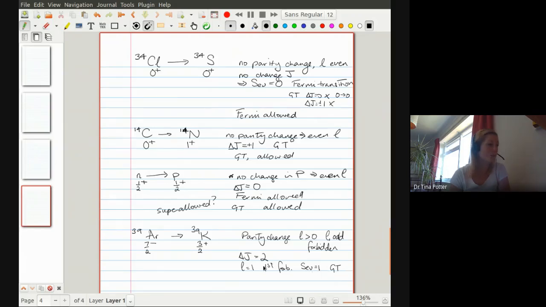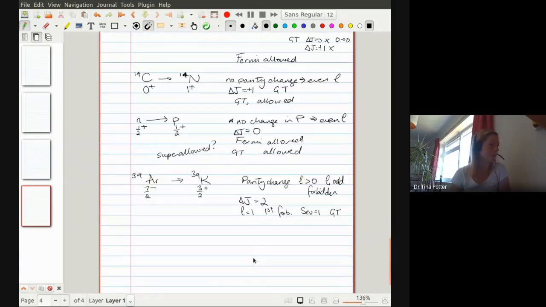And that would give us the delta J of 2 if these two essentially add up to 1. We can't have Fermi transitions because the spin of the electron neutrino system will be 0 and won't give us a delta J of 2. So here we would say that this is a Gamow-Teller, first forbidden decay.